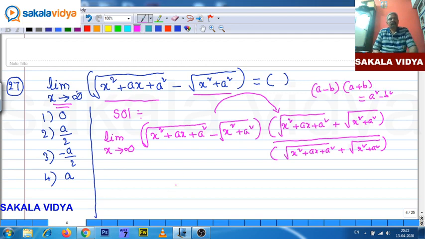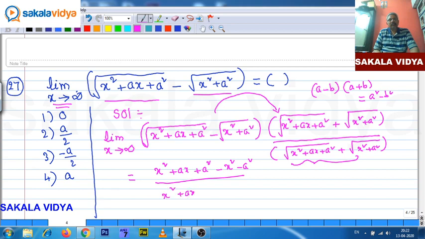So we get x square plus ax plus a square minus x square minus a square, upon root of x square plus ax plus a square plus root of x square plus a square, with limit x approaches infinity. Here x square gets cancelled and a square gets cancelled.